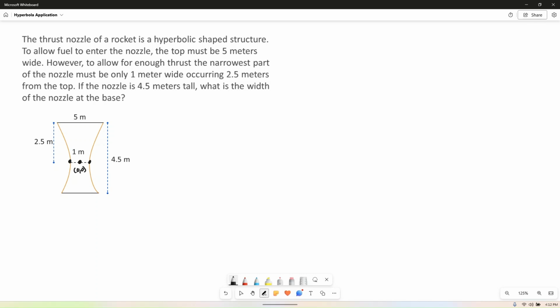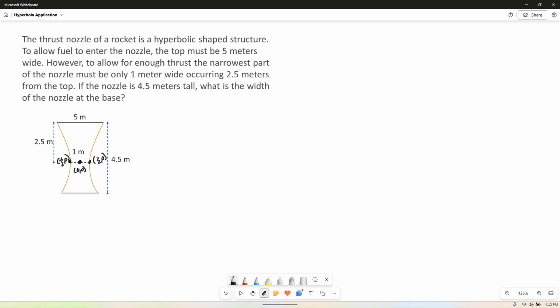Which means I now know what the vertices are. If the whole distance from one vertex to the other is 1 meter, each vertex is 0.5 meter from the center. So one vertex is at (1/2, 0), and the other is at (-1/2, 0).